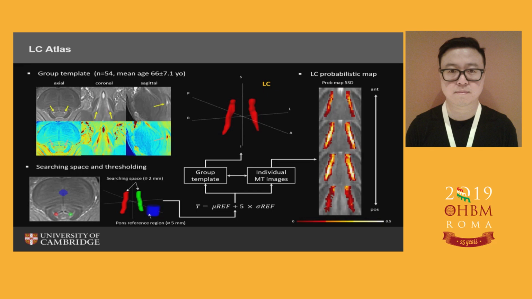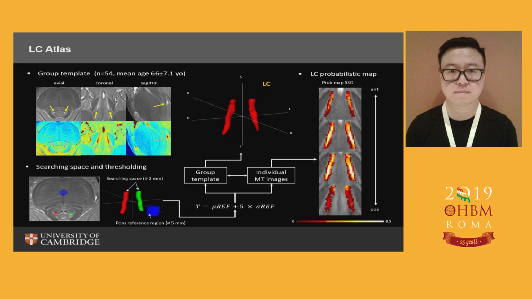Here I'm presenting a human LC atlas that can be used to indicate the theoretical anatomical location of the LC. This atlas is based on 54 high-resolution MT images from healthy volunteers.